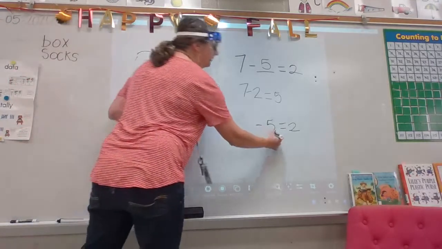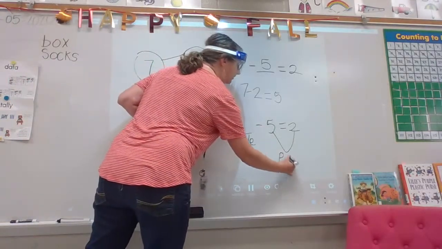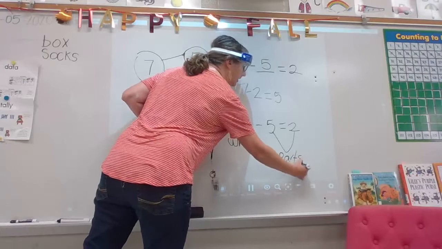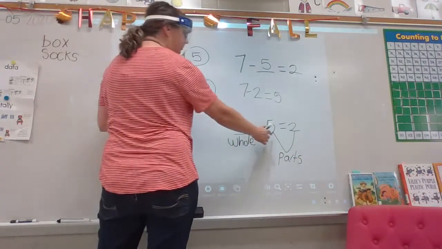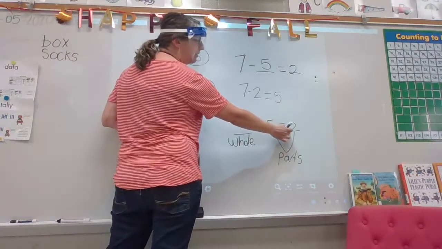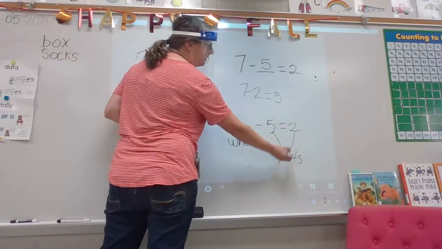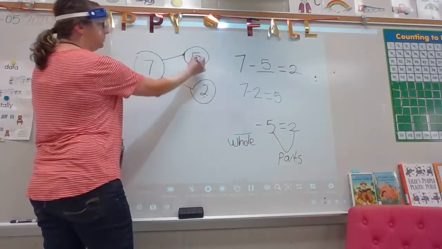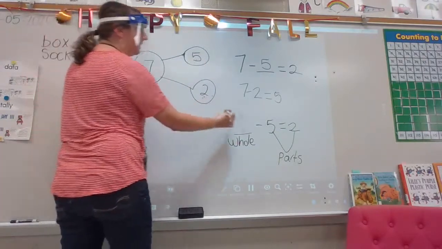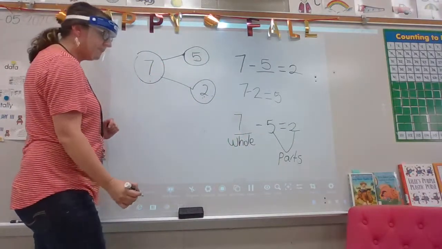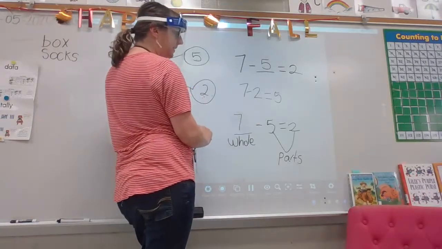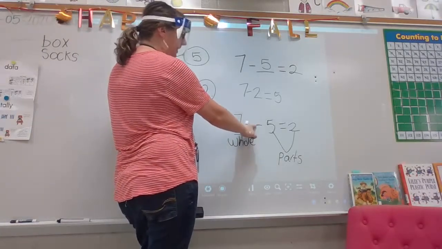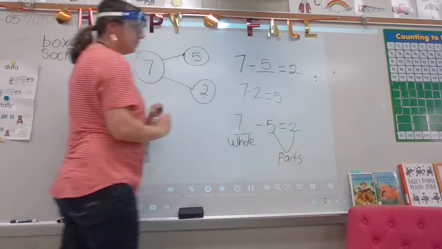So that means these two are the parts. So I know part of this is 5, part is 2, and I have to think, what can I take 5 away from that I will get 2? So I'm going to put these two together. 2 plus 5 is 7. So my whole number is 7. And we always want to go back and check to make sure our answer makes sense. 7 take away 5 is equal to 2.